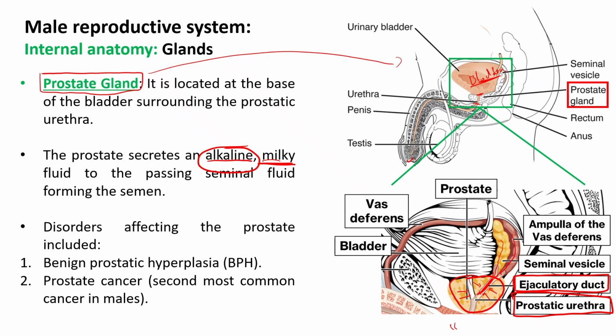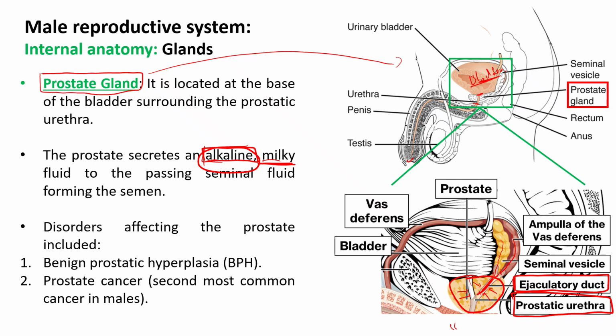This alkaline substance produced by the prostate gland is important because the sperm is very sensitive to acidity. If we think about the process of reproduction in general, the sperm will be secreted into the female reproductive system, the vagina, for example, and the vagina is very acid.